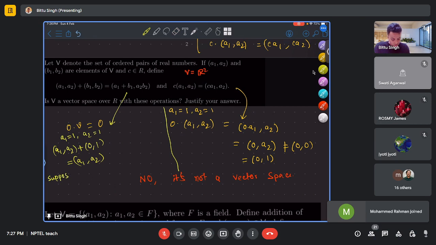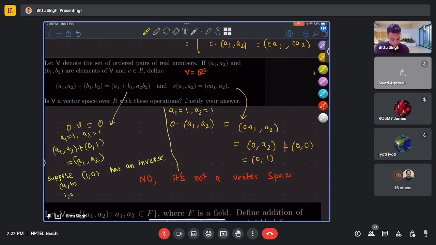Suppose a comma b is the inverse. Then 1 comma 0 added with a comma b should be the additive identity, which is 0 comma 1.